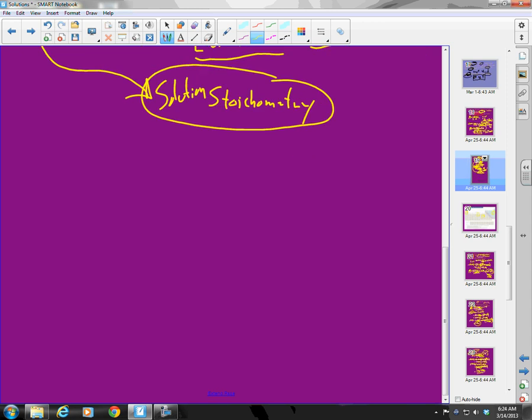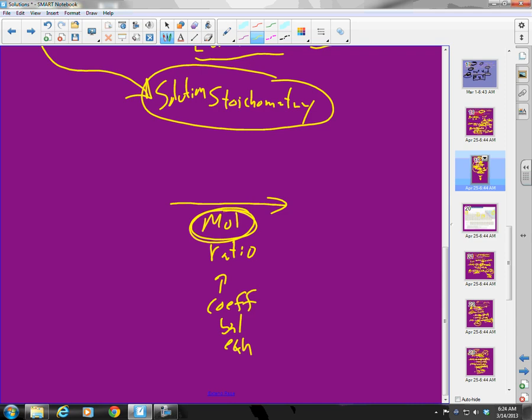Remember, in stoichiometry, we can go from anywhere to anywhere using a mole ratio, right? So I can go from any component to any component in a balanced reaction using a mole ratio, and that mole ratio comes from the coefficients in my balanced equation. But to use that, we have to get moles, right?